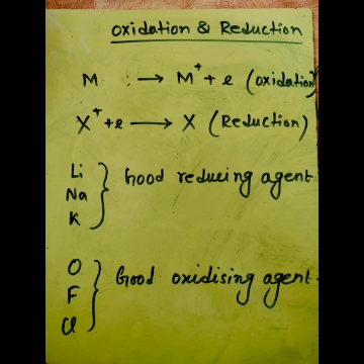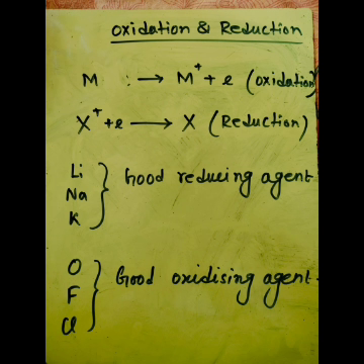Next, oxidation and reduction. You know what oxidation is? Oxidation means loss of electron. That means if an element releases one electron, then this reaction is known as an oxidation reaction. So, you know, group 1 and group 2 metals, when they release electrons, acquire a stable electronic configuration.